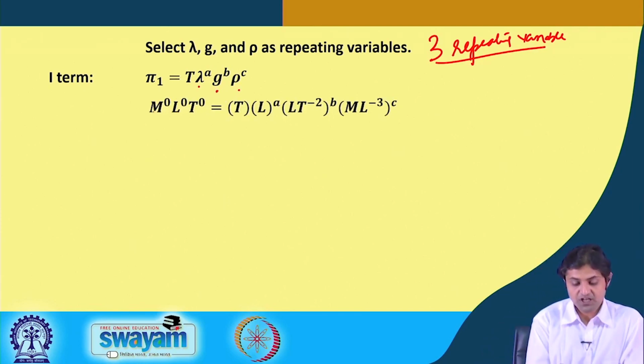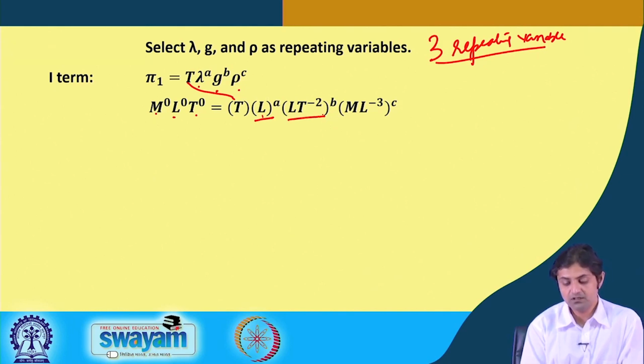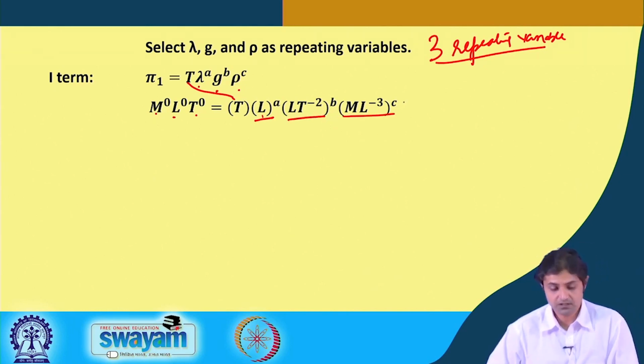So, this should be dimensionless, pi 1. So, we have written down the dimensions m to the power 0, L to the power 0, t to the power 0. t is t, lambda has a dimension of L, so L to the power a. g has dimension of L t to the minus 2, so L t to the minus 2 to the whole power b, and rho is m L to the minus 3, so m L to the minus 3 to the power c. All right.